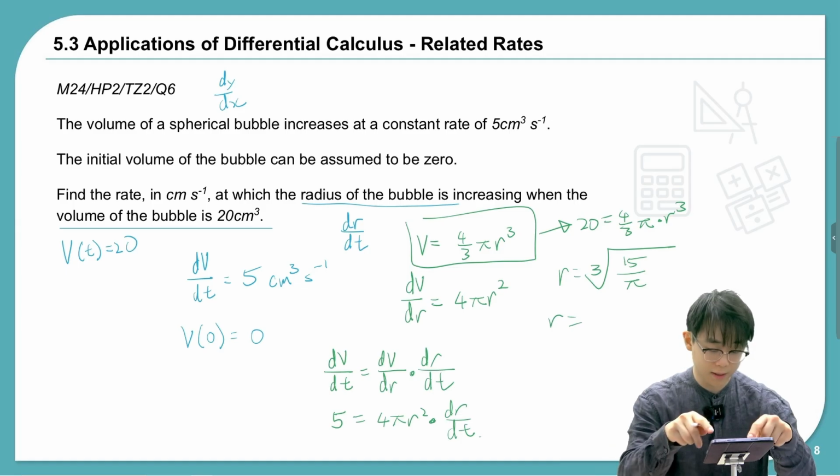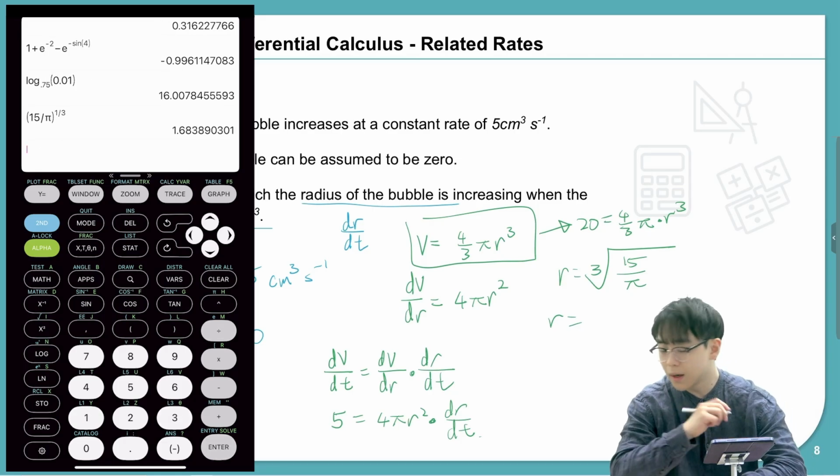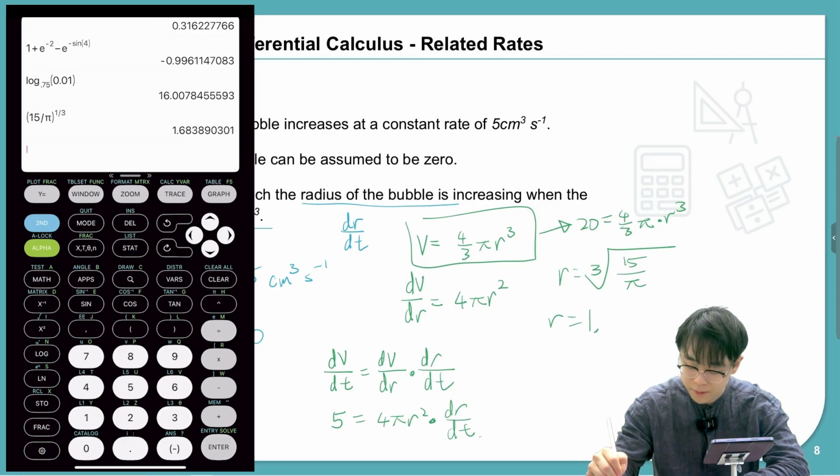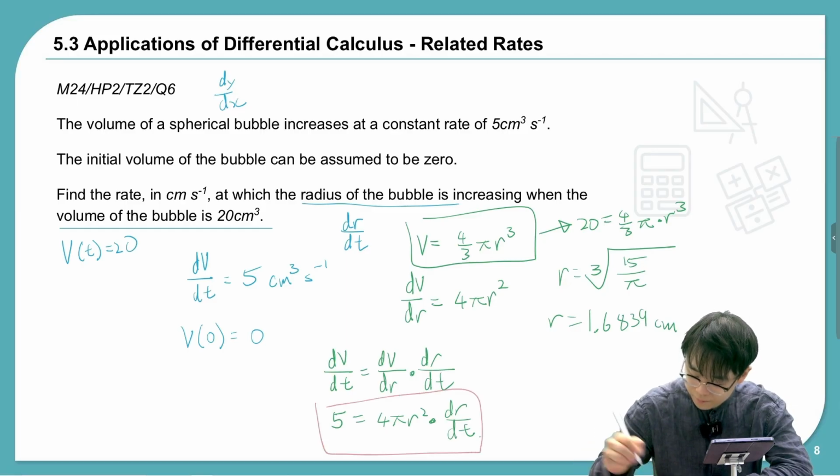If you put that in our calculators, we get 15 divided by pi, raised to the power of 1 over 3. So the radius at this moment would be 1.6839 centimeters.